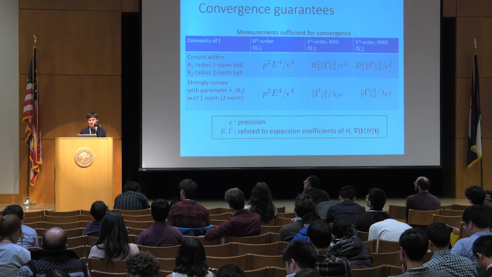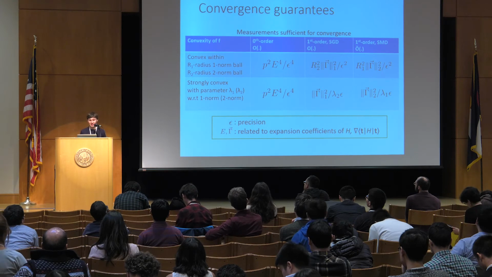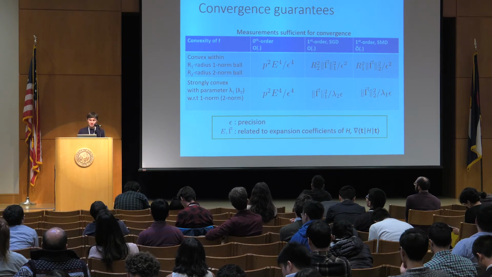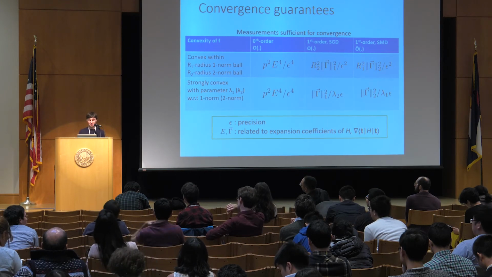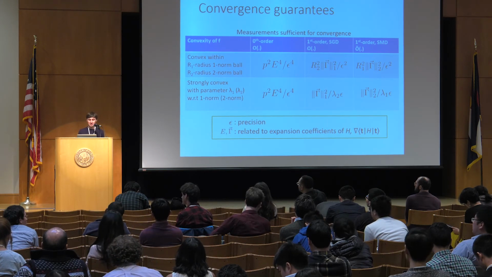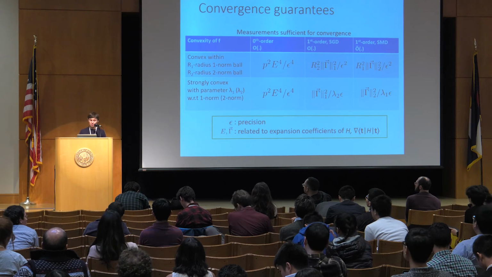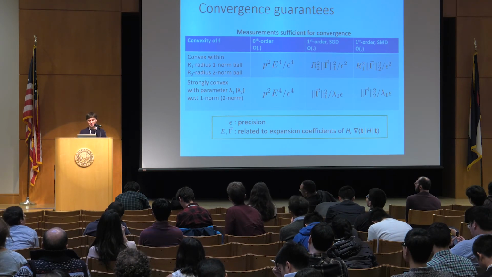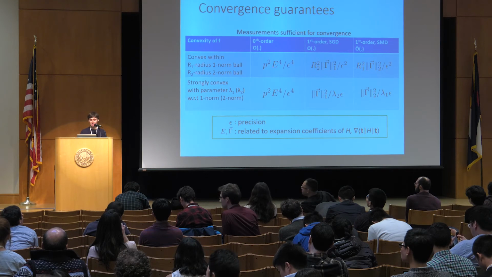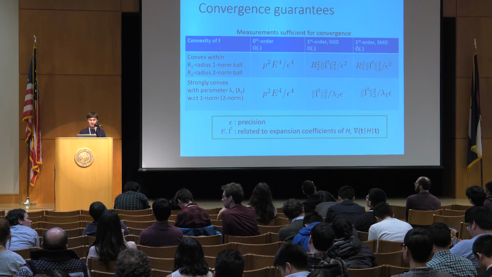I'm not sure exactly what to make of that. For example, for quantum chemistry applications, we're usually interested in estimating the energy. But I'm interested in whether these 1 over epsilon rates could somehow be exploited.